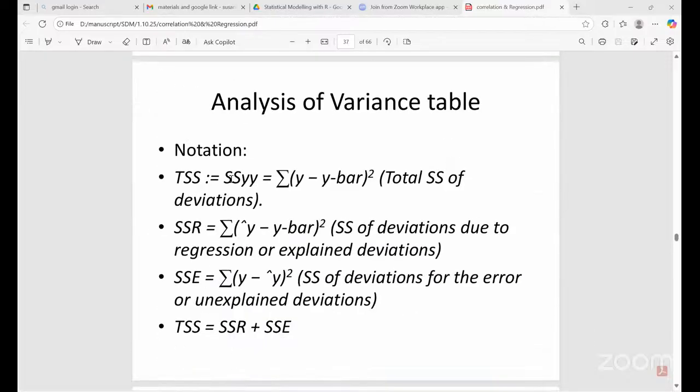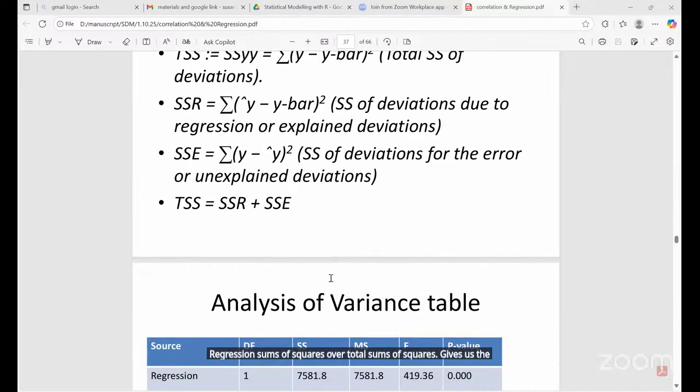The total sums of squares is denoted SYY, regression sums of squares SR, and residual SE. If we add regression and residual, we get the total sums of squares. The ratio of regression sums of squares over total sums of squares gives us R squared.